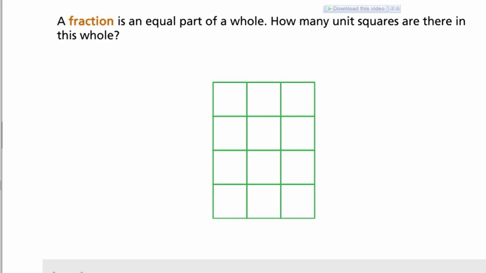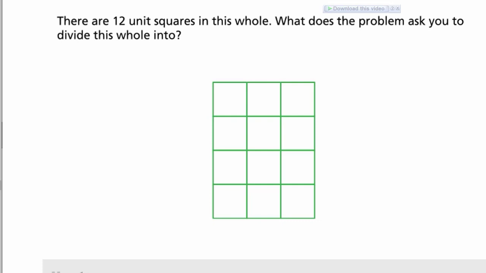Can you see here? 14. 14, are you sure? No, 12. 12. Okay, thank you, my hero. Good work. There are 12 unit squares in this whole.